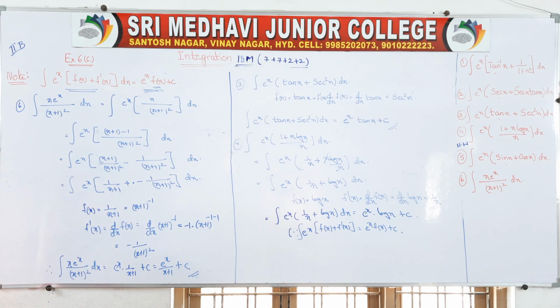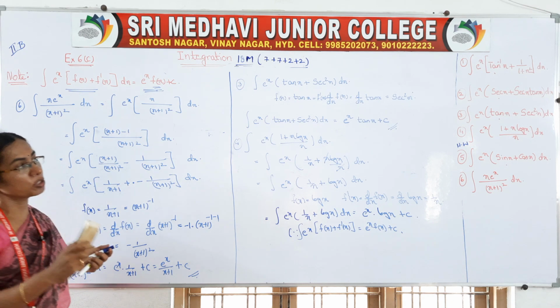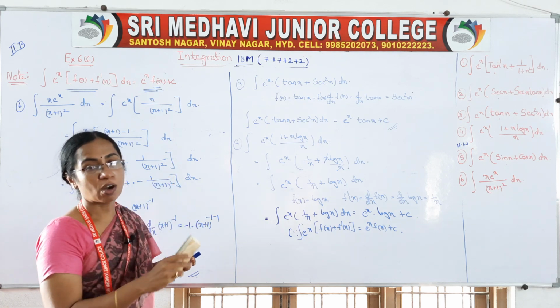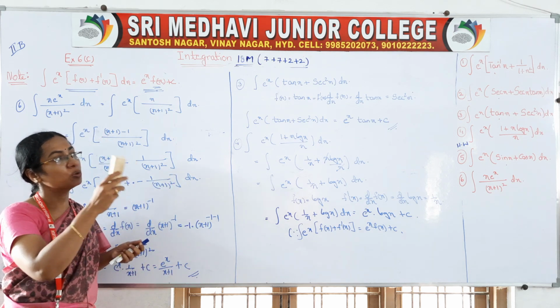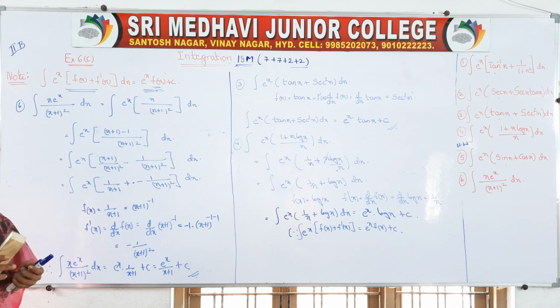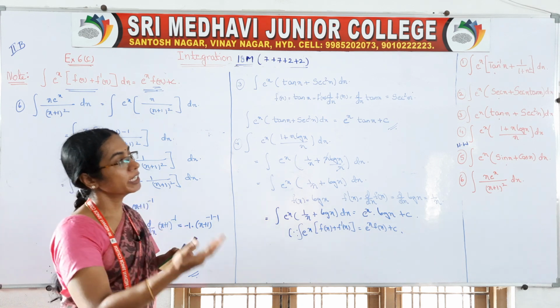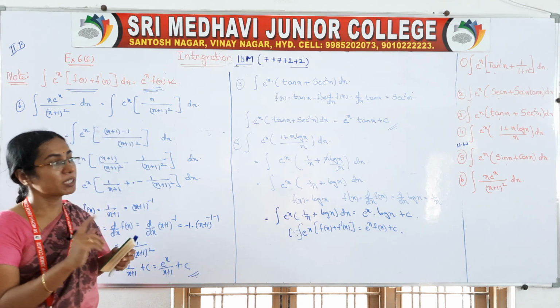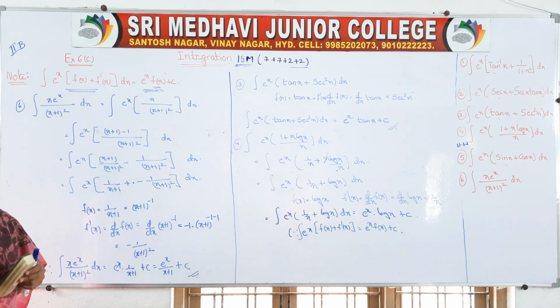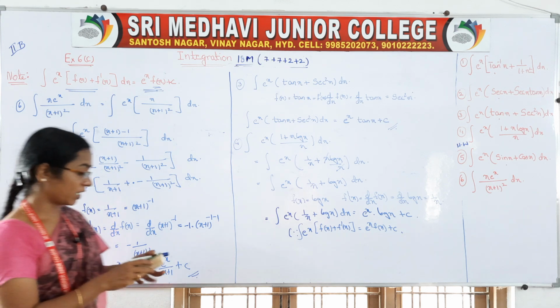Observe, in all these problems, whenever in any question e to the power of x is outside, and two terms are there, f of x and f dash x. But be careful, sometimes in general the first term will be f of x, and after differentiating we will get the second term, but sometimes they will give the second term as f of x. Why?